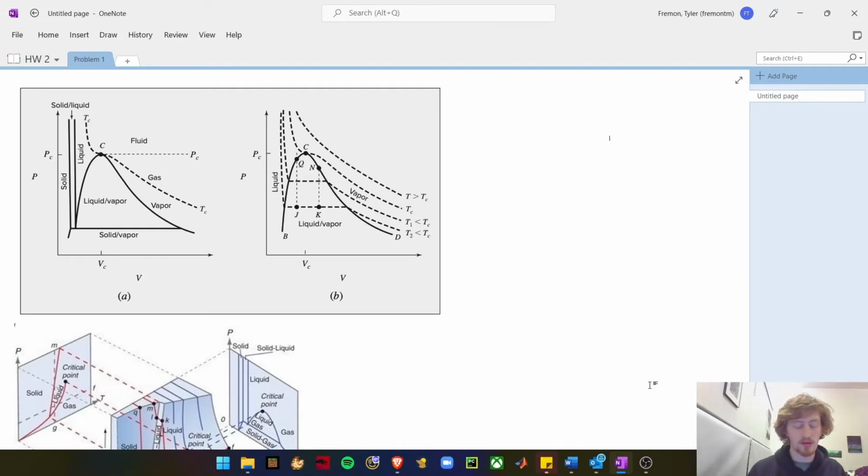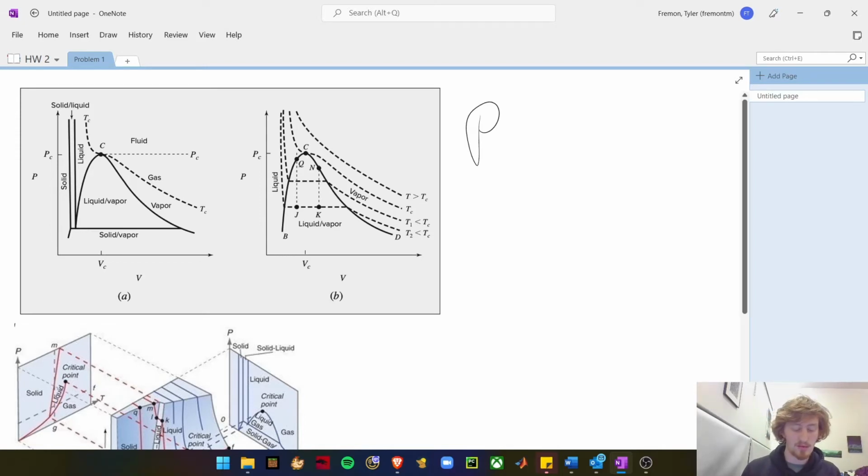So the first thing to notice is that if we were to extend one of these isotherms out really far down along the volume axis and really far down the pressure axis, we would notice that the substance starts behaving more and more like an ideal gas. The reason for this is that the ideal gas law pretends that the molecules of gas don't take up volume and they don't interact with each other.